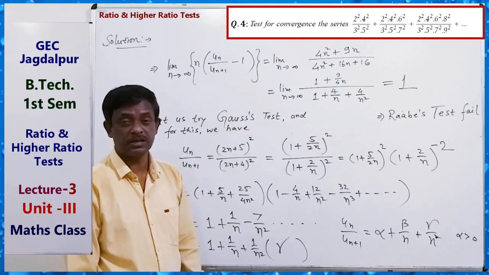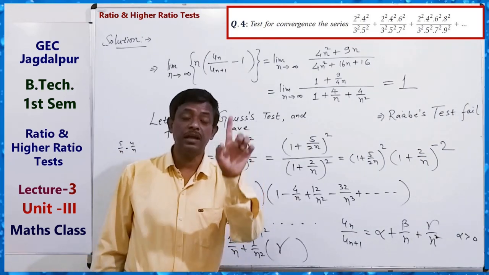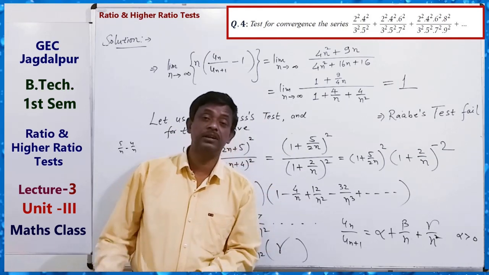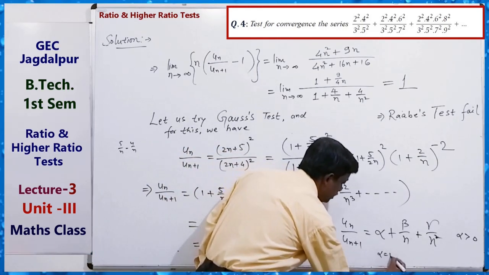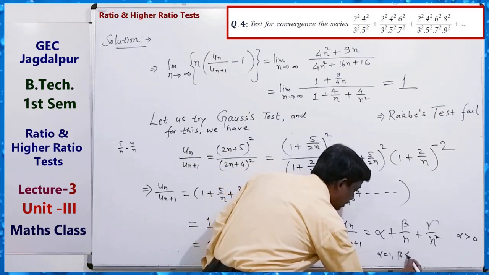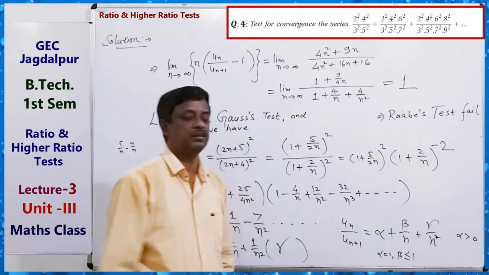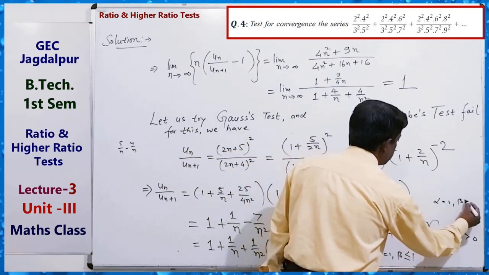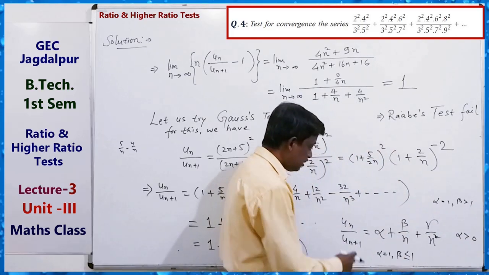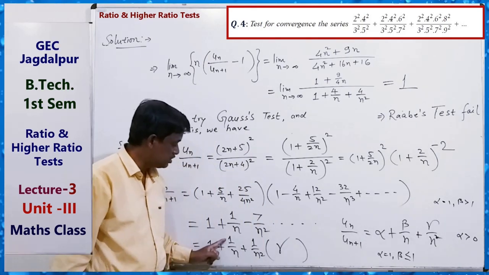Statement of Gauss test: if alpha equals to 1 and beta is less than or equal to 1, then divergent. And if alpha 1 and beta greater than 1, then convergent. But here beta less than or equal to 1. So here beta is equal to 1.